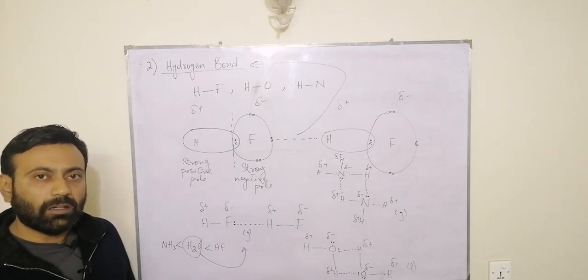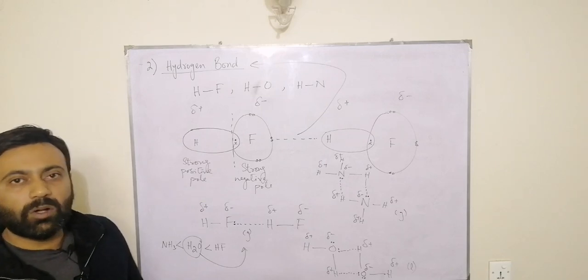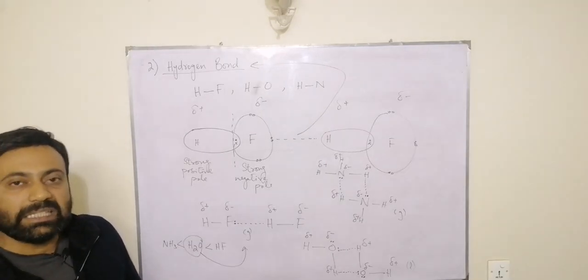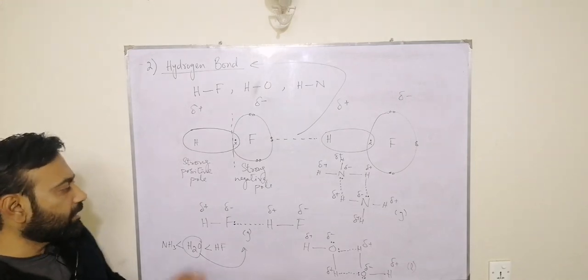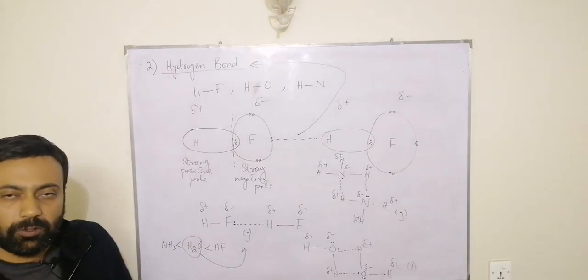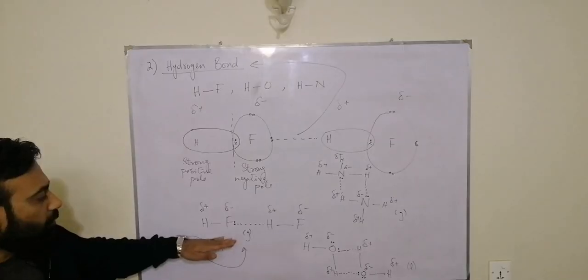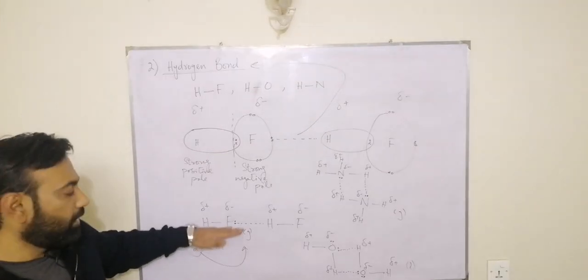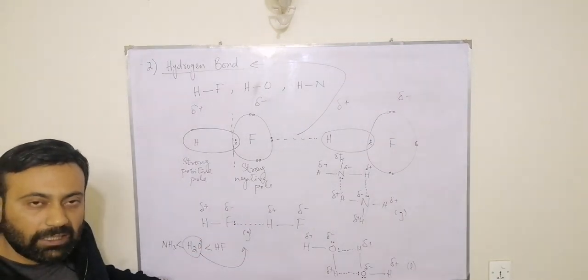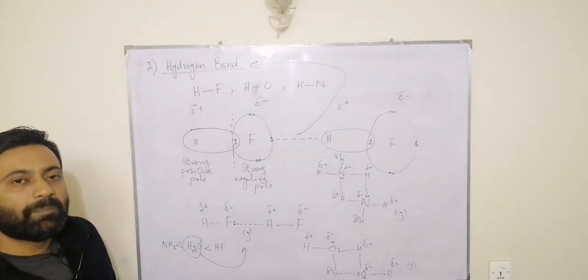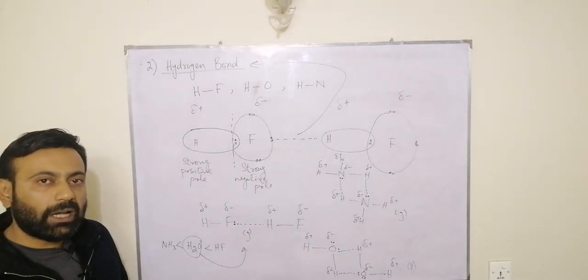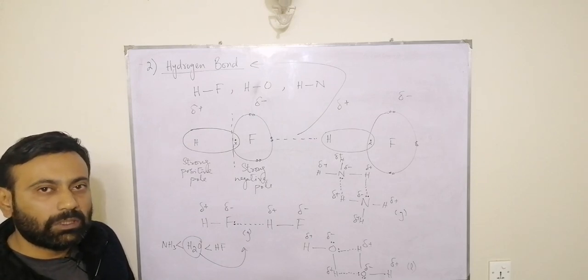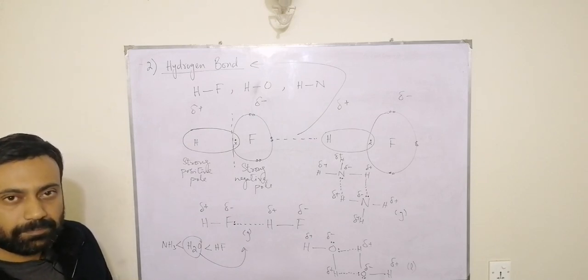So overall, the number of hydrogen bonds per molecule is greater in water as compared to ammonia and hydrogen fluoride. So irrespective of a stronger hydrogen bond of hydrogen fluoride, the boiling point of water is higher than hydrogen fluoride because it forms more hydrogen bonds per molecule than hydrogen fluoride.